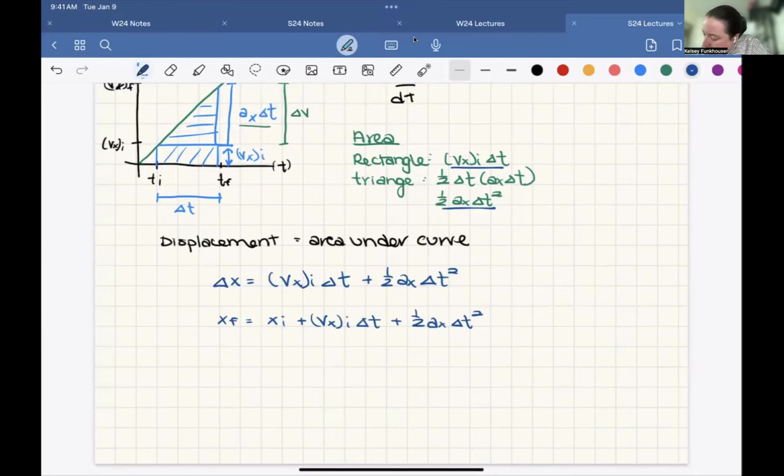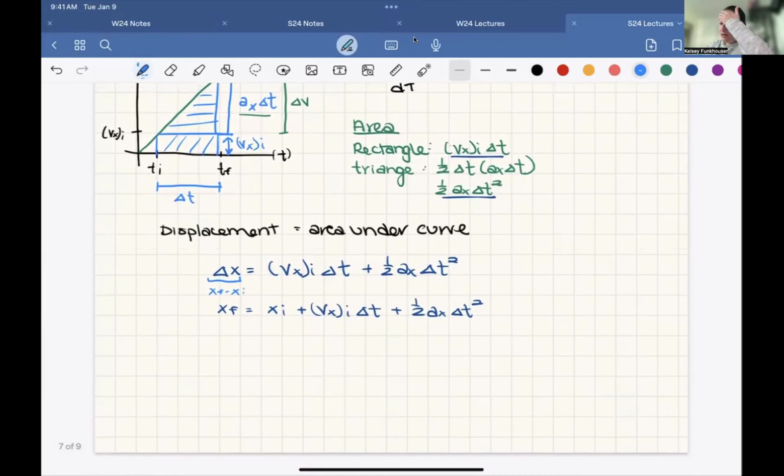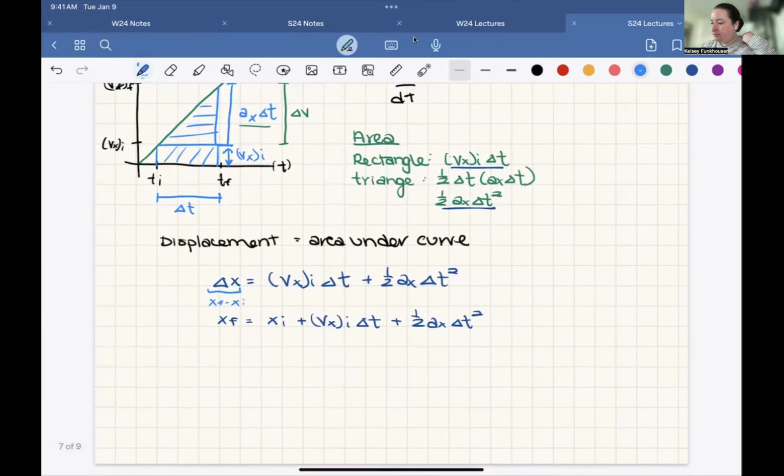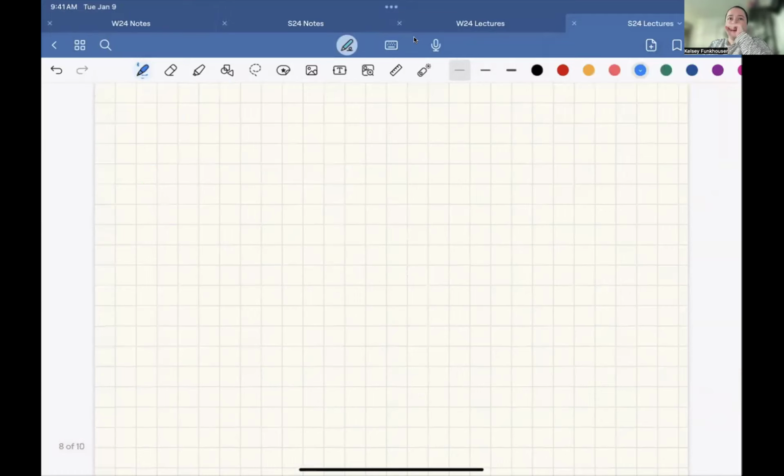For that, I just expanded out that this is x final minus x initial, so I just added x initial to both sides. I need more room. It's one more equation. So now a connection between velocity and displacement.